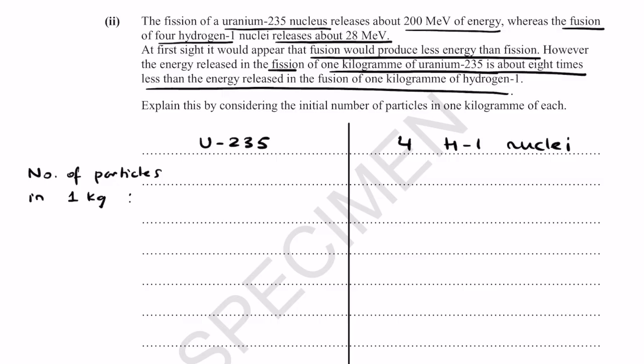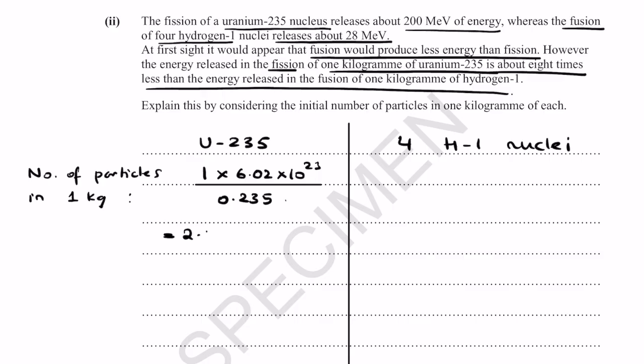So I can just work this out like 1 kilo. I'm just going to keep it as 1 kilo and times it by 6.02 times 10 to the 23 particles per mole over 0.235 kilograms per mole. That's just basically going to give me the number of nuclei.